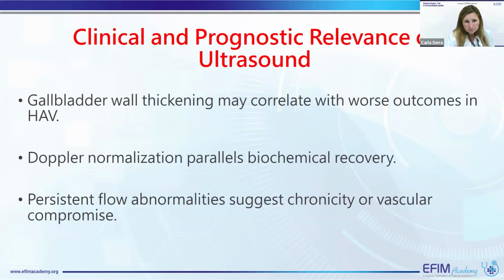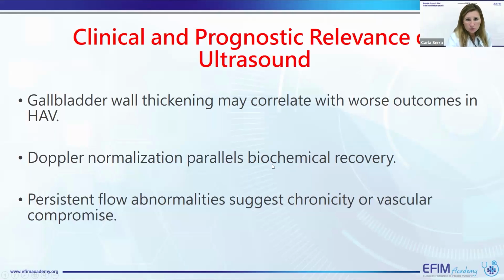Now we move to the prognostic role of the ultrasound, because sometimes the evaluation of the gallbladder and the improvement of the wall thickness might correlate with worse outcomes in case of hepatitis A virus.